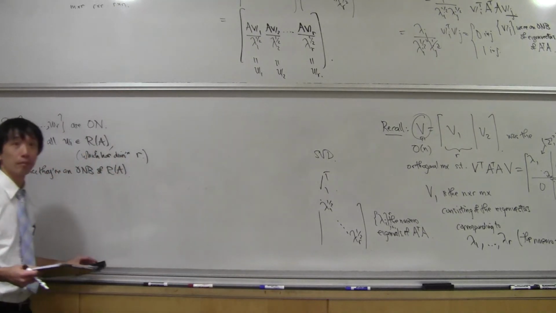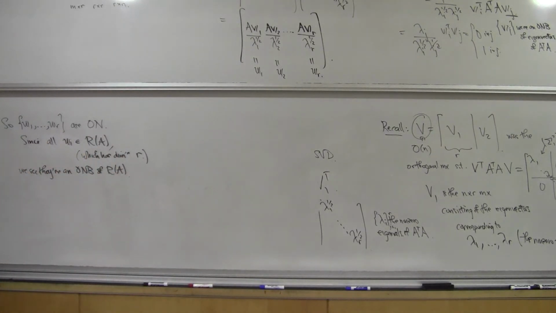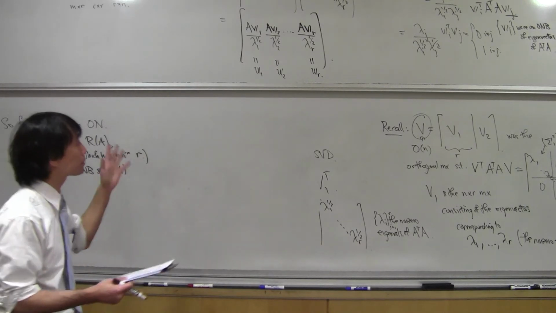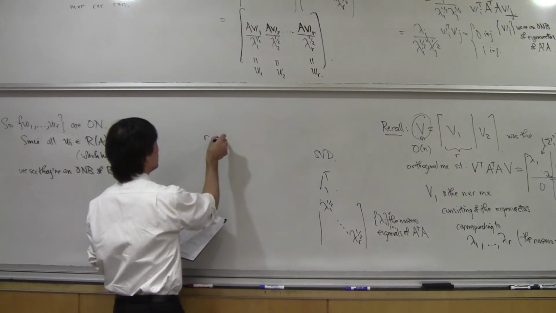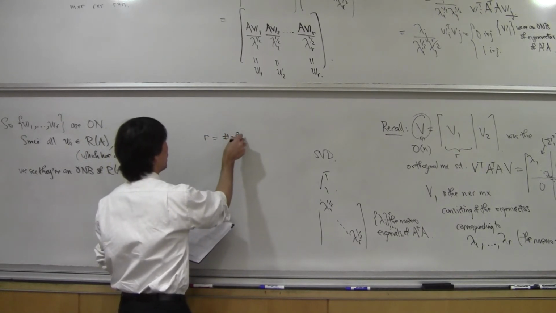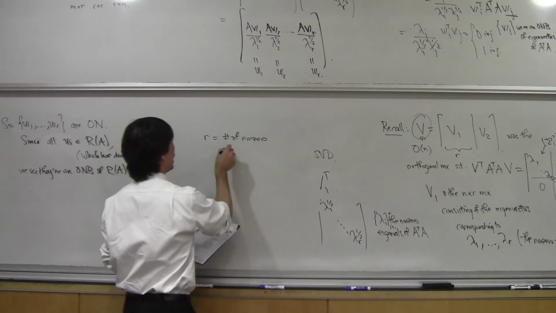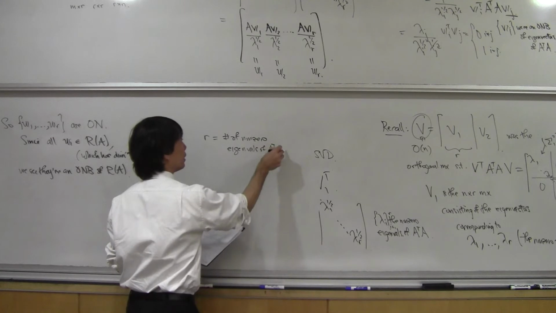Wait, how do you know the dimensions are? We did that last time. Do you remember? R was the number of non-zero eigenvalues of ATA, remember?